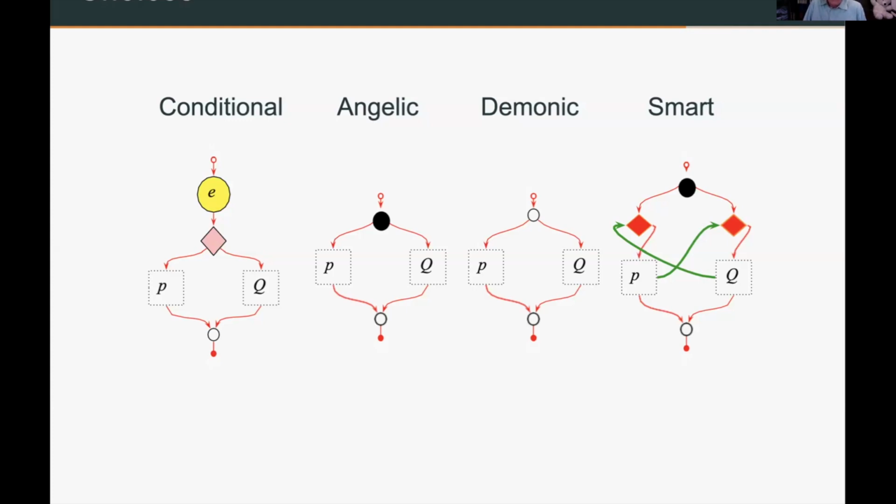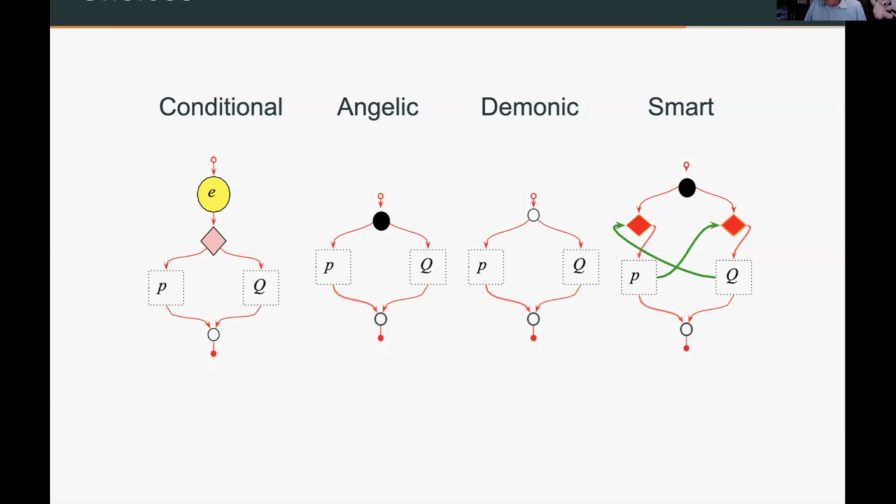I don't know which, but maybe the angel knows, and we'll do it. And demonic means let the universe decide whether to do P or Q and hope for the best. So it's just a choice, either go to the left or go to the right.